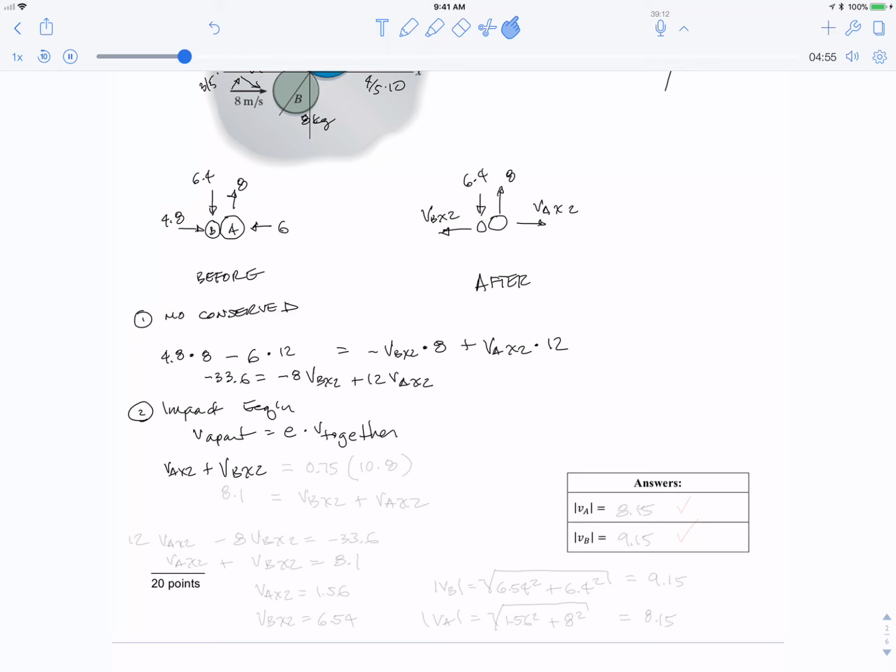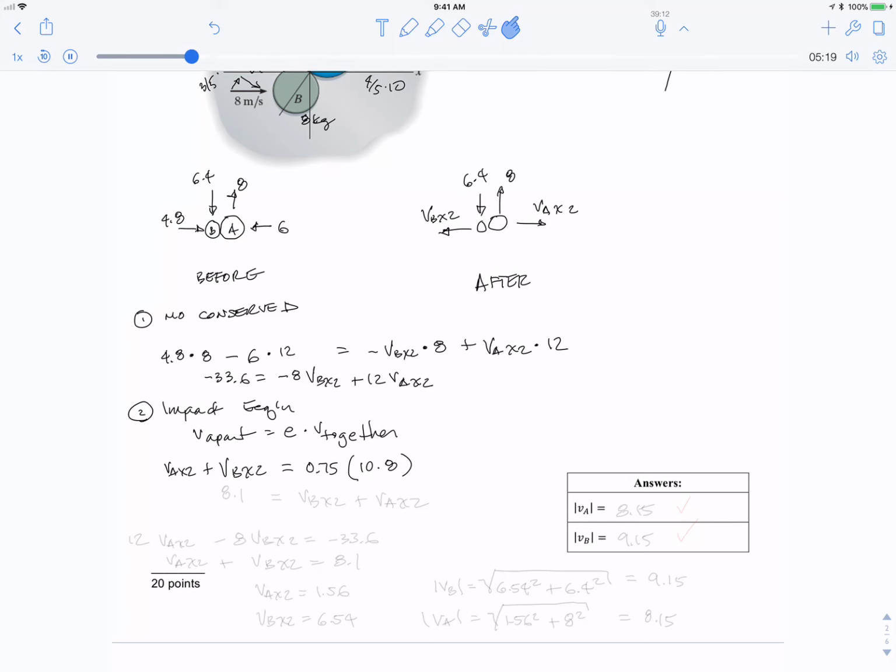That's how much they're going apart totally. The coefficient of restitution E was 0.75, and the velocity that they're coming together is 6 plus 4.8, which is 10.8. I'm going to simplify that and come back.